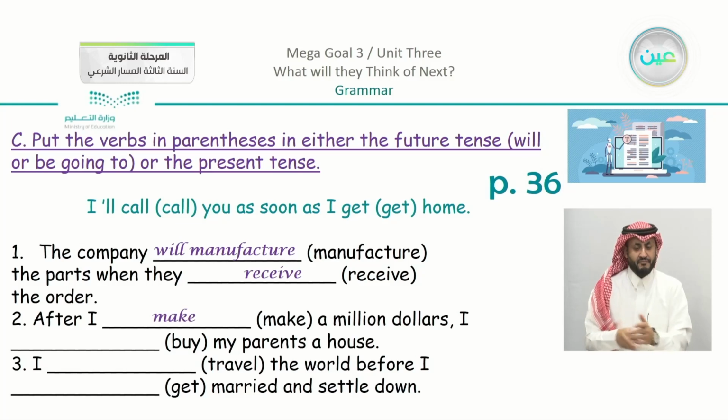After I make $1 million, I will buy, or am going to buy, my parents a house. I will travel the world before I get married and settle down.